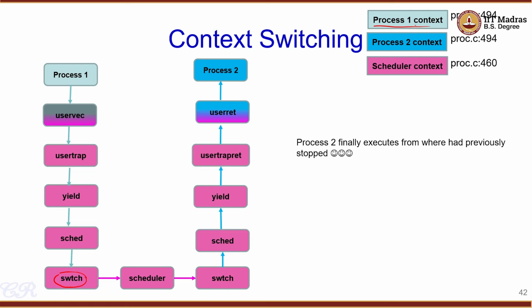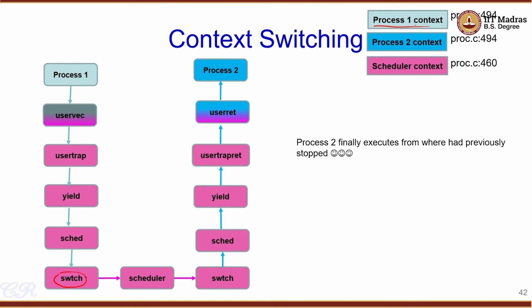Okay, so every time a timer interrupt occurs, this sequence of function calls is invoked. There is multiple context switching that occurs between process 1's context and the scheduler, and the scheduler's context and the second process, that's process 2. And again, there are multiple modes that are involved as well.